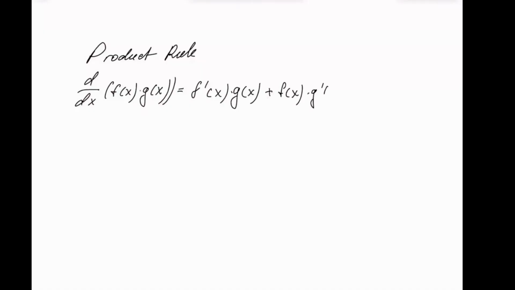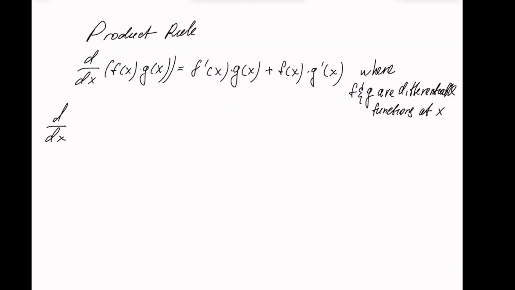So we say that d dx of f of x times g of x is equal to f prime of x times g of x plus f of x times g prime of x, where f and g are differentiable functions and x. Okay, so now let's prove this rule and see a couple of examples.